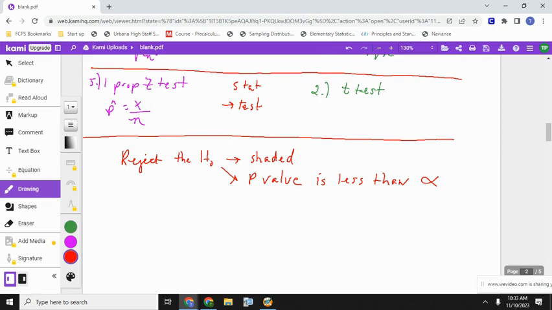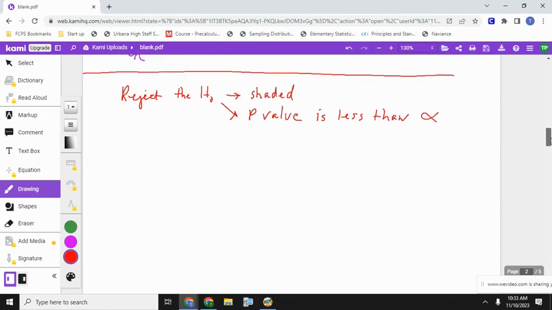All right, so the two sentences that you need to understand and interpret: the p-value sentence first. What is a p-value?